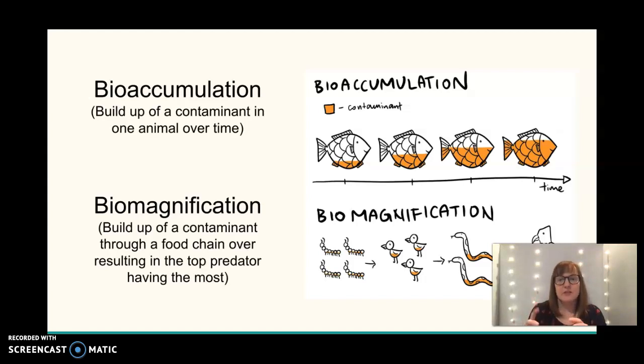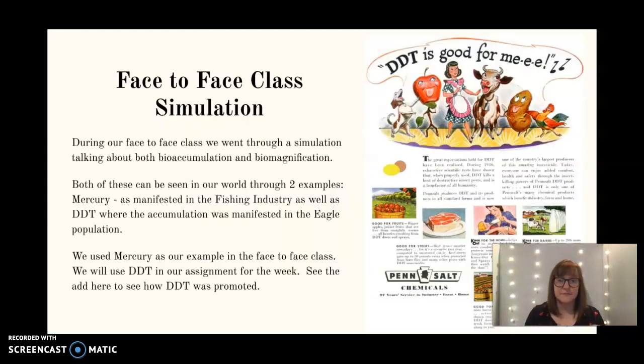So bioaccumulation is the buildup of a contaminant over time in one animal. But biomagnification is the buildup of a contaminant as you go through the food chain, resulting in your top predator having the most. So that is the two main differences between those.